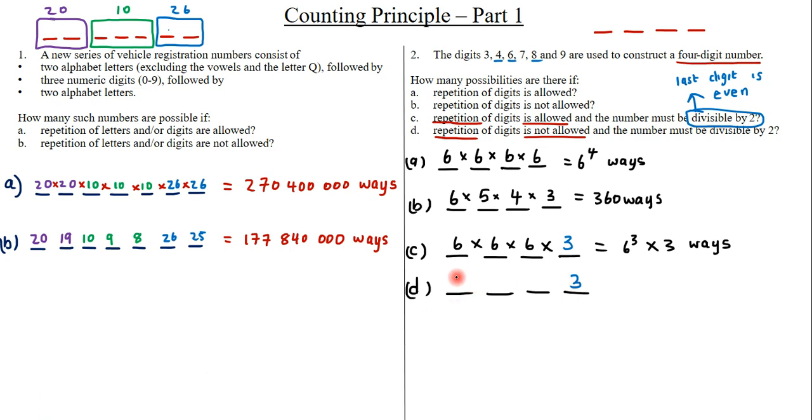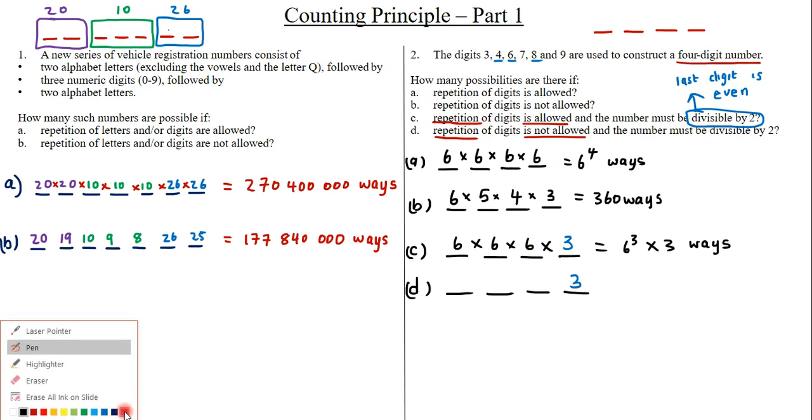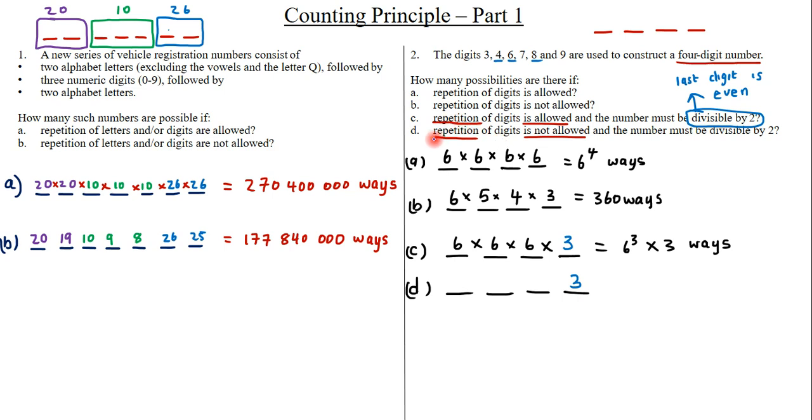So by not repeating, the first part here we have 6 options to pick from. Once we use one there, I have 5 options, and then 4 options. All right, no, my bad here. Remember, it said that the repetition of digits is not allowed. So remember here we had 6 options.